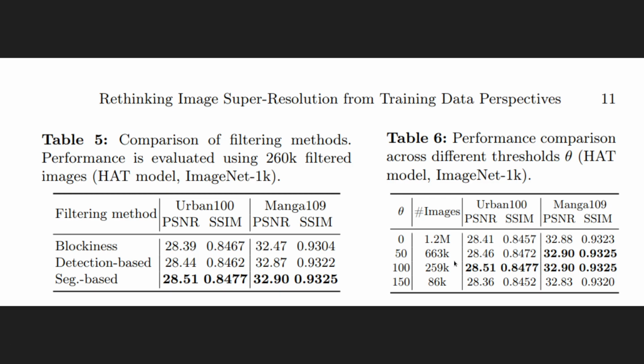They showed, if you look at table 6, they used segmentation-based filtering though, but they saw that if they only used images from the dataset that had 100 or more segments in it, then the model performed better.